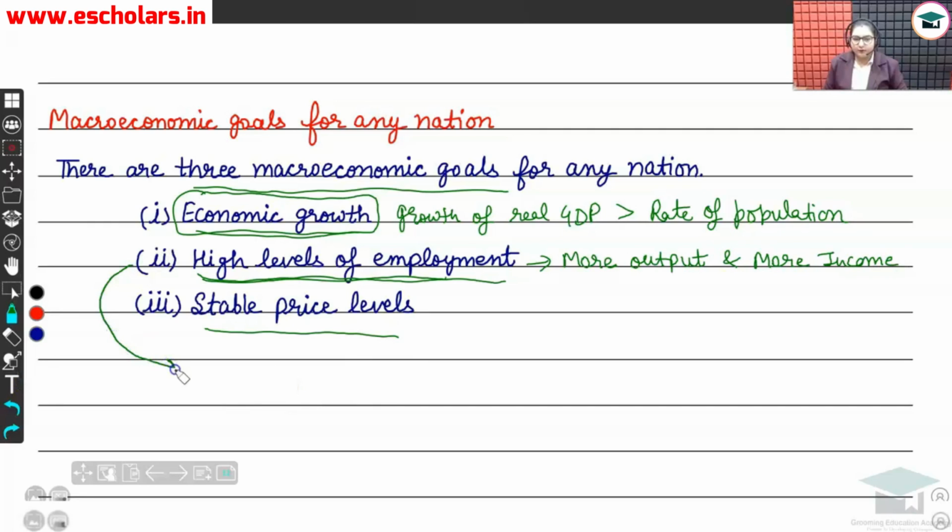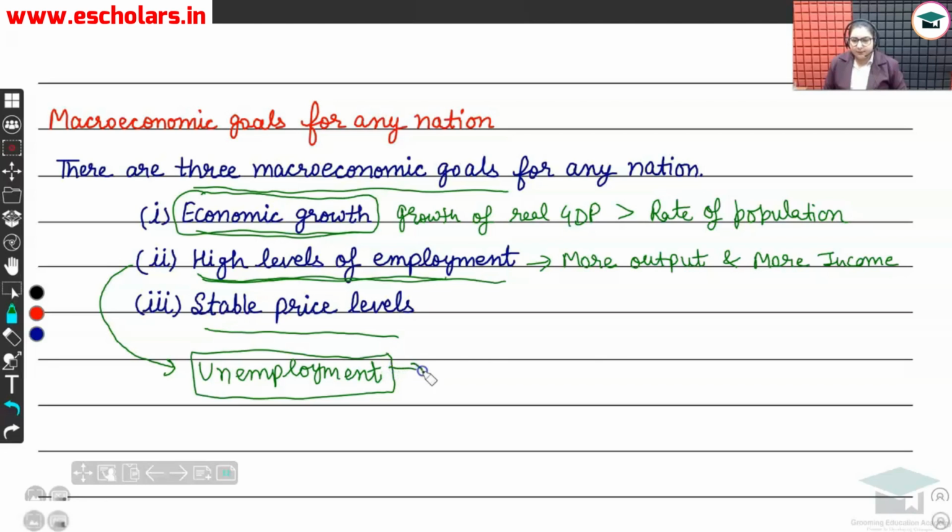Also, students, no country wants to have unemployment, because the situation of unemployment in the economy not only creates loss for the unemployed people, that is, they do not have jobs and are not able to earn income and fulfill their basic necessities of life, it also affects the economy as a whole negatively.